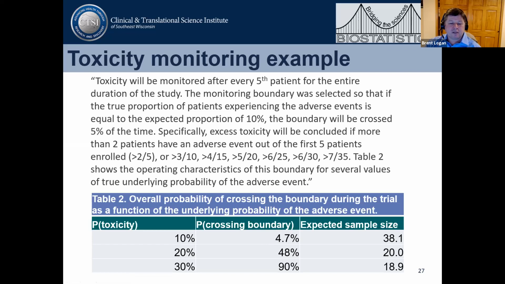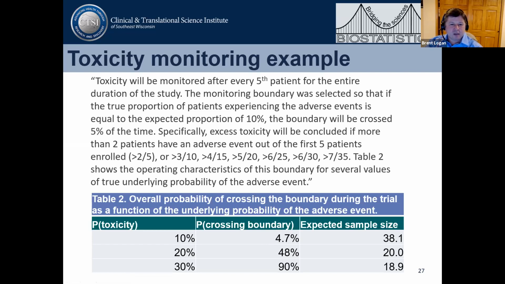There's a variety of ways of setting up these stopping rules, and that's probably beyond the scope of this talk. But they kind of have an equal allocation of error rate at each look.